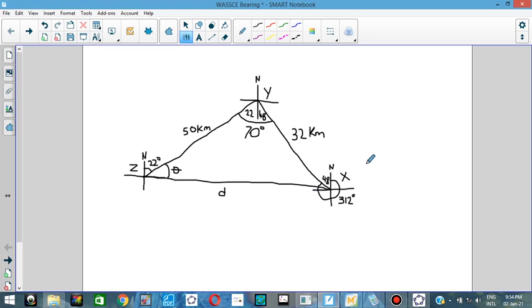Understand what I'm saying? This is one thing one needs to understand about bearing. Most students are always confused about this area, so you need to get it very well. You need to understand what you're actually doing. Remember, north and east is supposed to be 90 degrees. So if I'm getting an answer that is less than 90, then you know what to do.